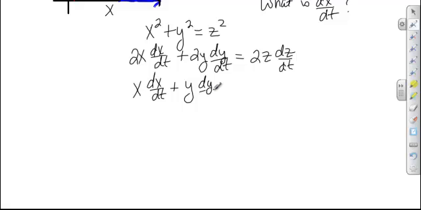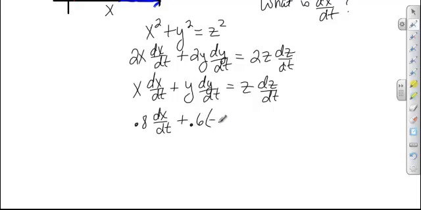All right, we know a value for x. We're looking for dx over dt. We know the value for y and dy over dt. We don't have a value for z, so we're going to have to figure that out. And we know the value of dz over dt.